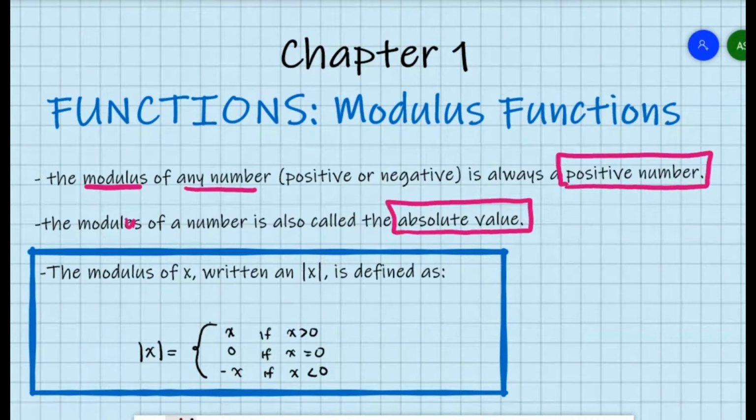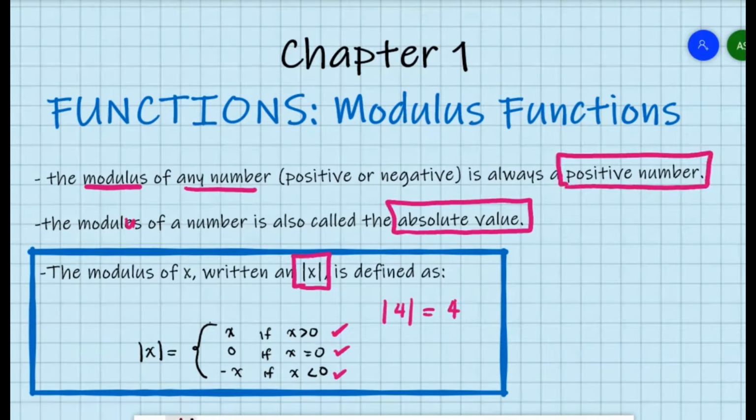By definition, the modulus of x, denoted by this symbol, is defined as x if x is greater than 0, 0 if x is equal to 0, and negative x if x is less than 0. So what does this mean? Let's say, for example, you take the modulus of positive 4, the result will always be 4.